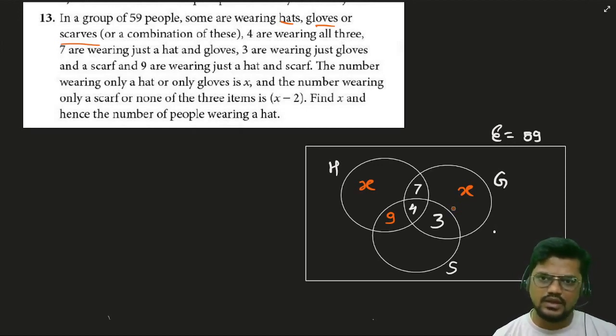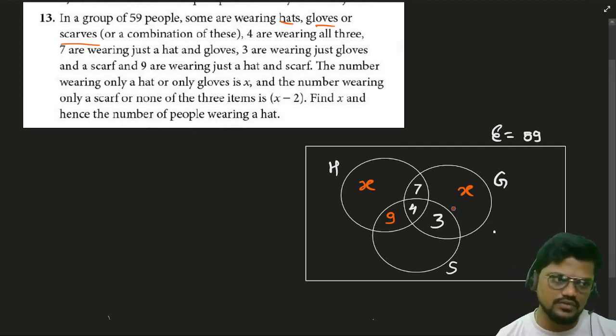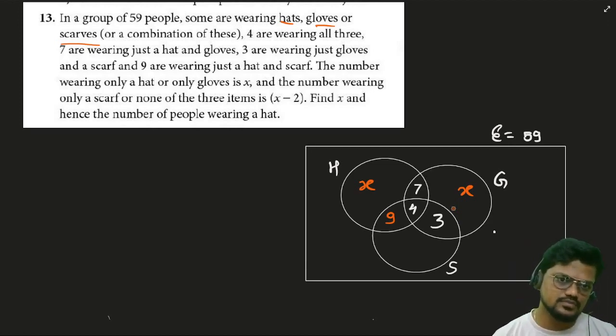And the number wearing only a scarf or none of the three items is x minus 2.